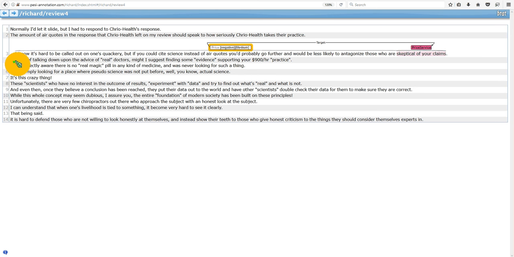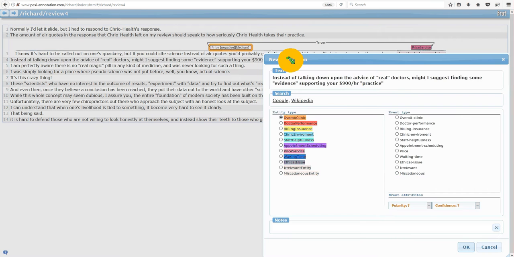The next sentence: "Instead of talking down upon advice of a real doctor, might I suggest finding some evidence supporting your $900 per hour practice." So $900 per hour, that's a little bit high to me. So still it is a price issue, on an event type, which is really for the whole sentence.